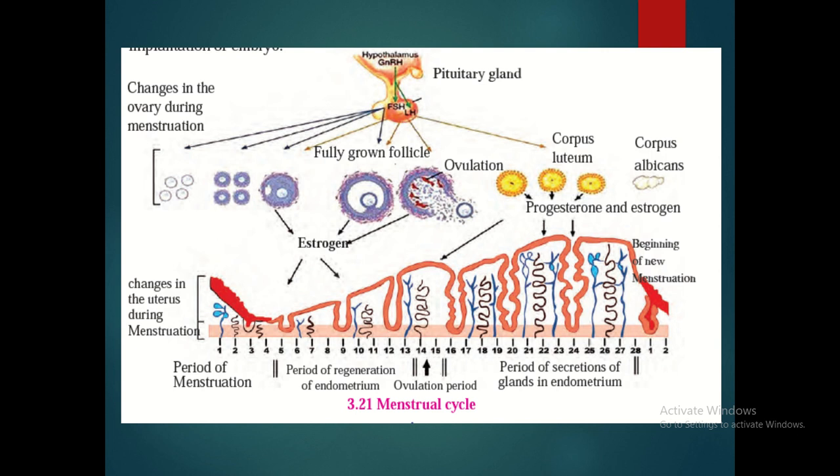When the follicle is developing, it is releasing estrogen. That estrogen is causing the endometrium to regenerate. When LH comes, it causes ovulation. After ovulation, the remaining part becomes the corpus luteum and starts releasing progesterone.